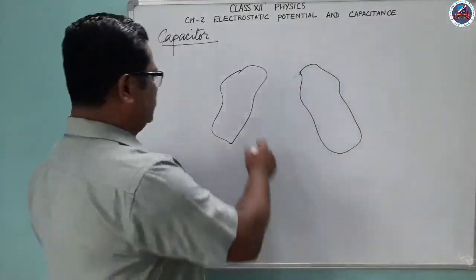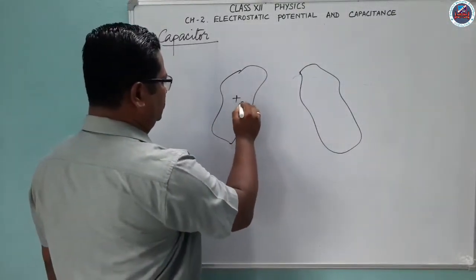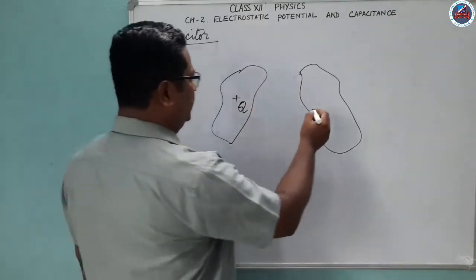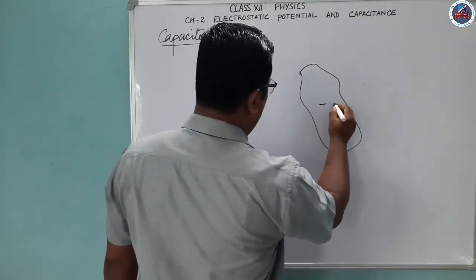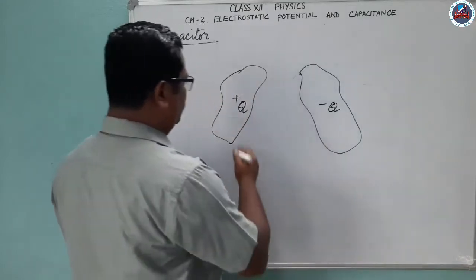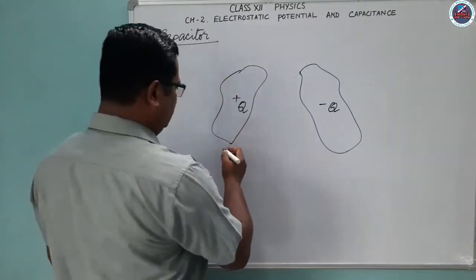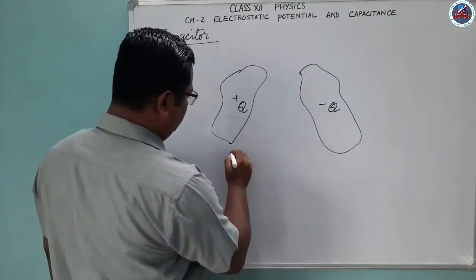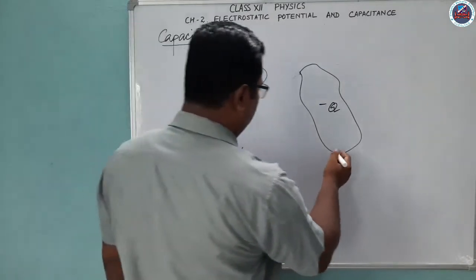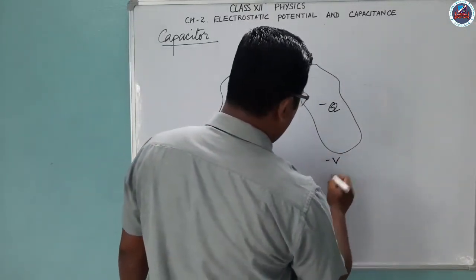One plate is given a charge plus Q and the other plate a charge minus Q. The potential of the positive plate will be plus V, and the second plate, minus V.